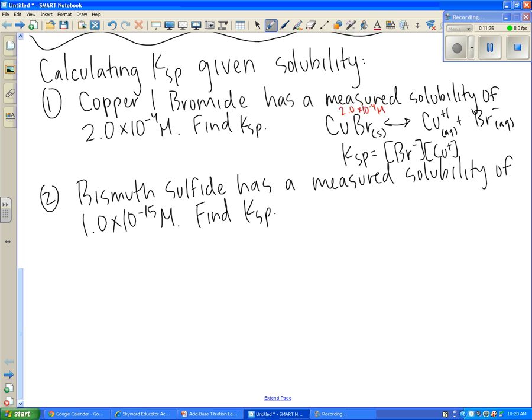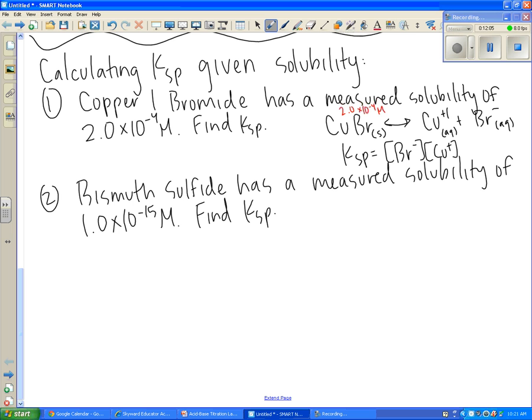Again, I know that for some of you this is a hard thing to imagine, but imagine this being the 2.0 times 10 to the minus 4th moles of the copper 1 bromide, and I'm going to stick it in 1 liter of water. When I do, because it is soluble with that much, it'll break up in a 1-to-1 ratio. So wouldn't I have 2.0 times 10 to the minus 4th moles of copper 1 and 2.0 times 10 to the minus 4th moles of bromide ions in 1 liter of water?